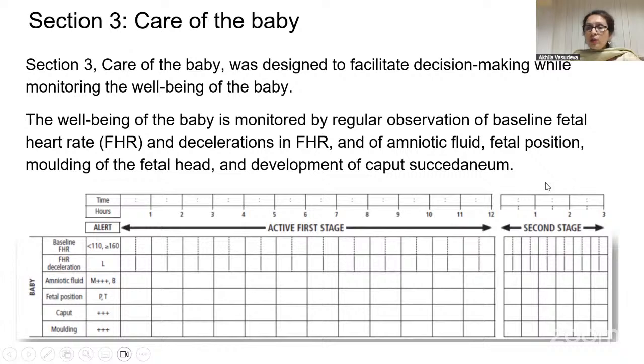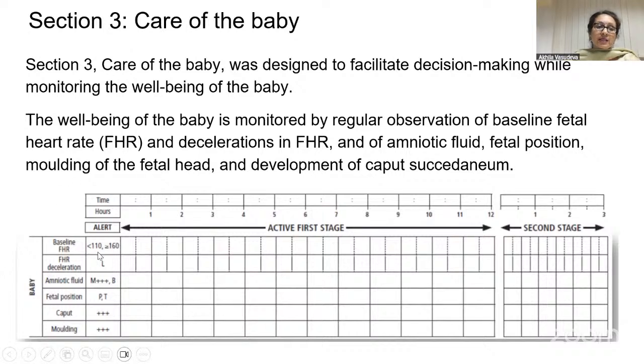However, in low resource settings, and in low risk women, all that is recommended by WHO is intermittent auscultation, as long as you can give one-to-one care to the laboring woman. By intermittent auscultation, all you can check is baseline heart rate and deceleration. But remember, you should auscultate once in 15 minutes for at least 1 minute, and your auscultation should be soon after a contraction.